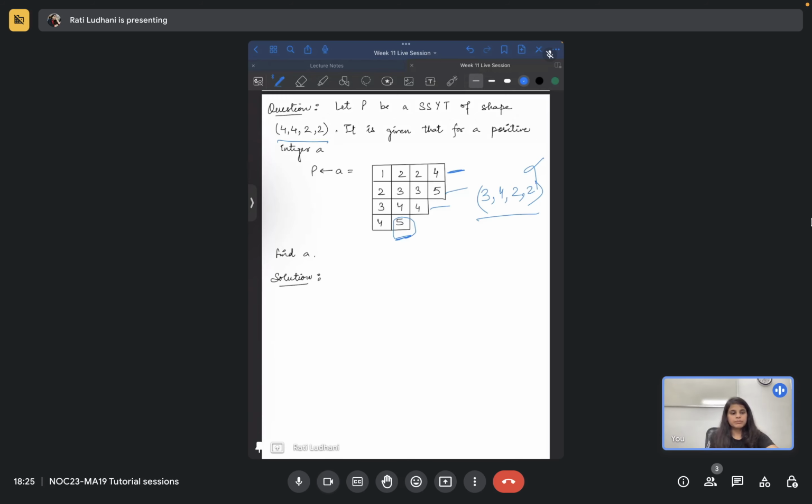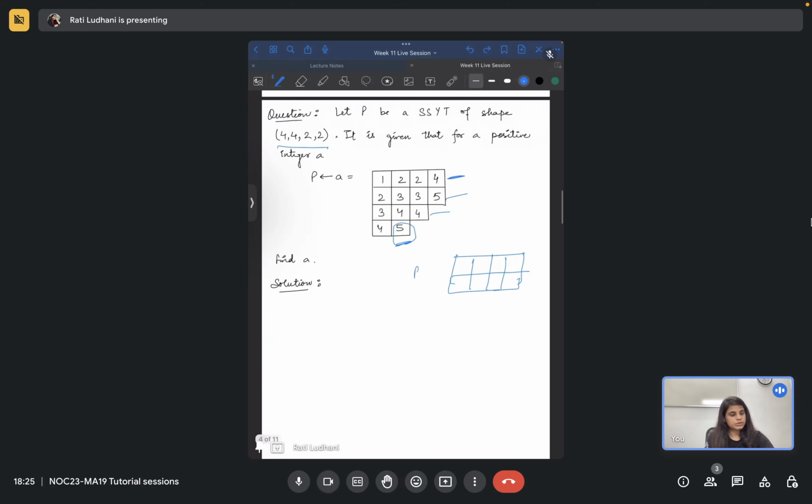For example, if you are given 4 comma, and this is your P in P inserted by A, then P must be of the kind 4 comma 3, because it cannot be 3 comma 4, and there is one extra box that we know for sure, right? So in such questions, they may omit what P looks like. Is that clear?